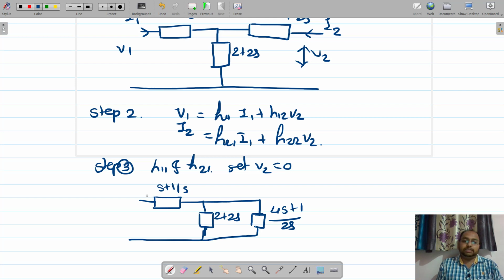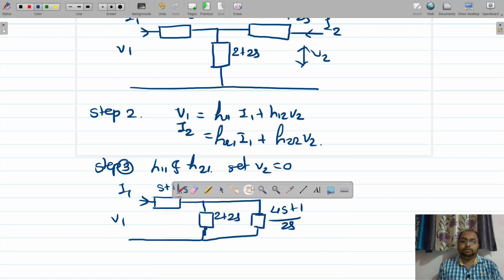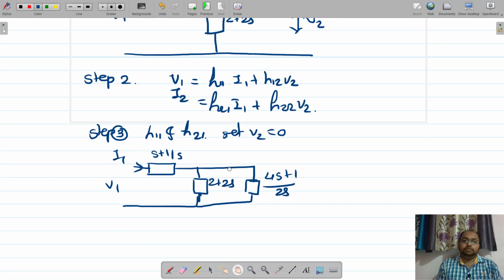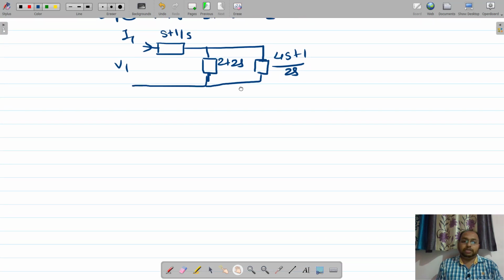Now let us apply. First we'll need to modify the circuit diagram. Okay, let us modify this.